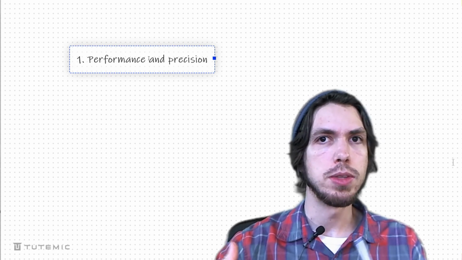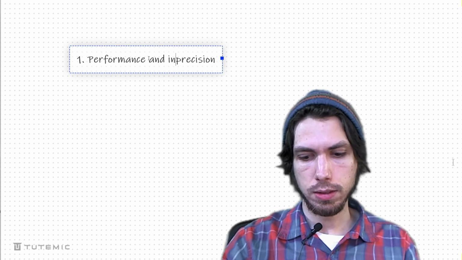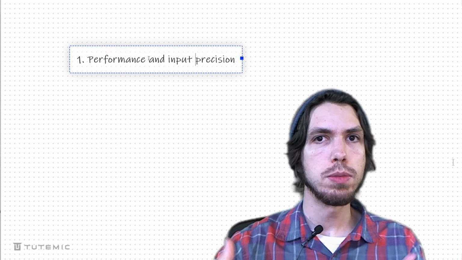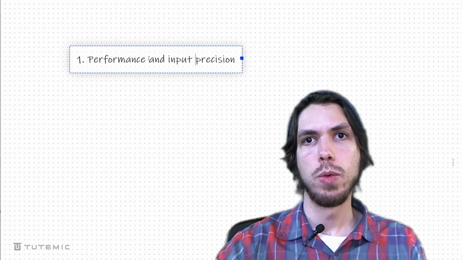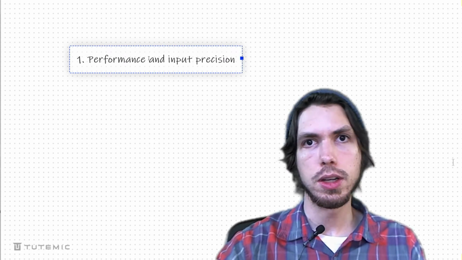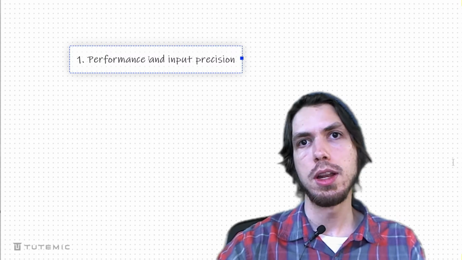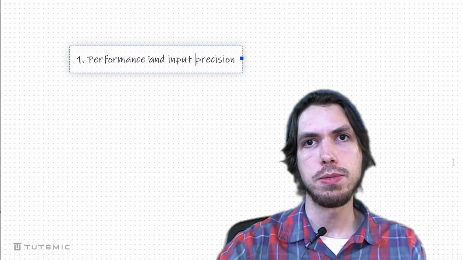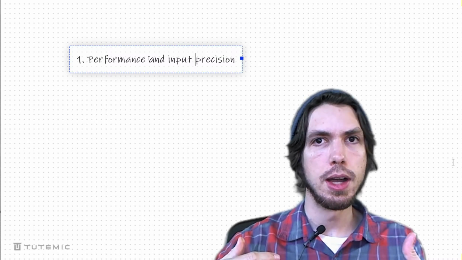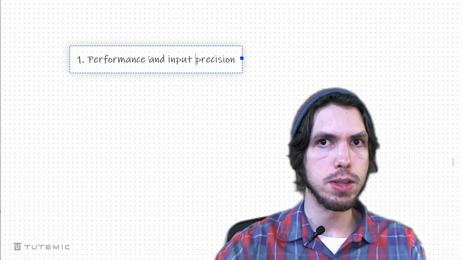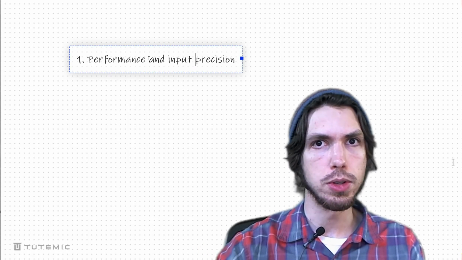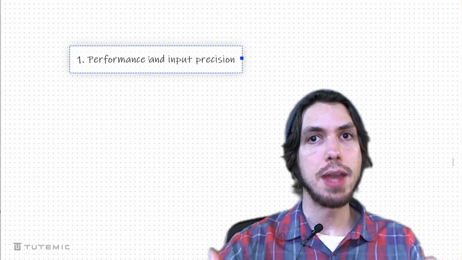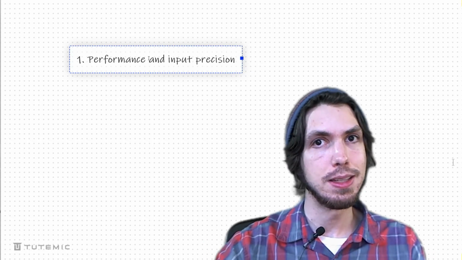I'm talking about input precision, really. In game programming, when the user performs some kind of input, whether it's trying to click on a target that's moving quickly, like an enemy, or whether the player's trying to jump from one platform to another, whenever the player puts in some kind of input with their controller, mouse, or keyboard, the character or the game behaves exactly how they expect it to behave.